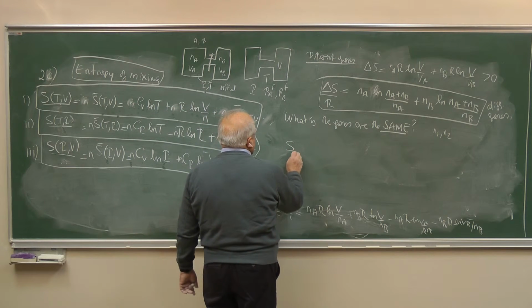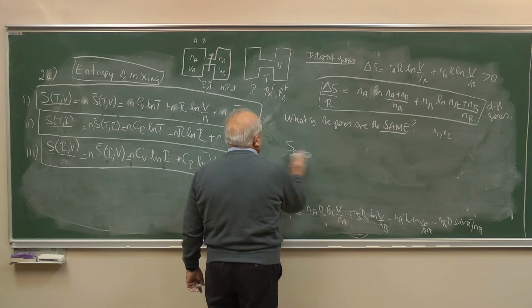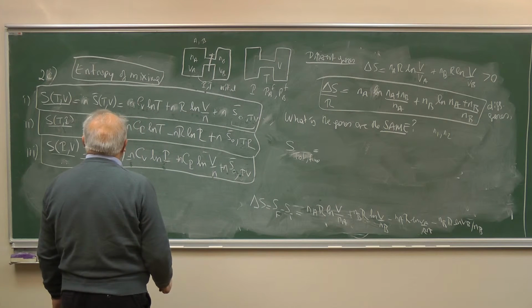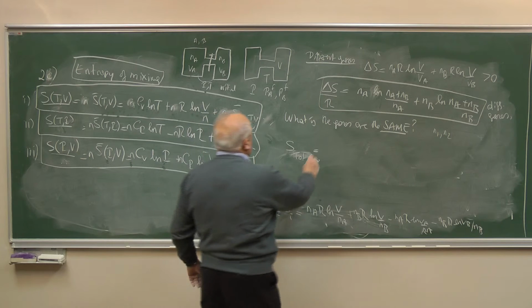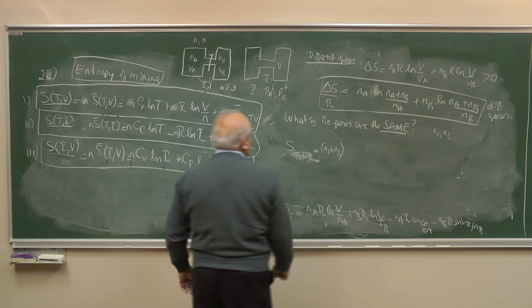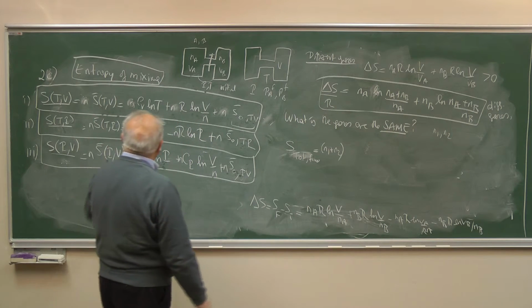S final total, or S total final, equals, I look at here, this is now N1 plus N2, N1 plus N2. I'm not writing CV1, CV2, because there is only one CV.